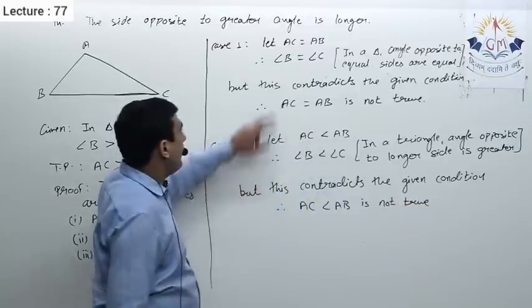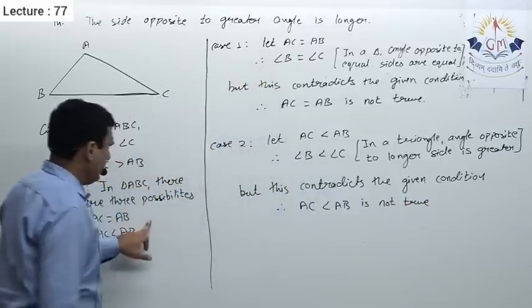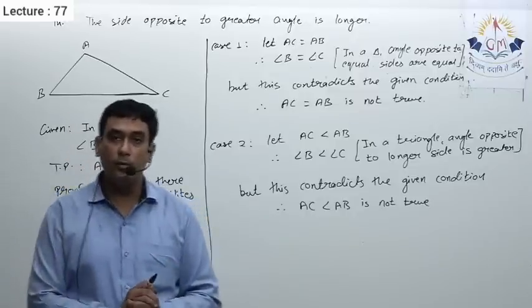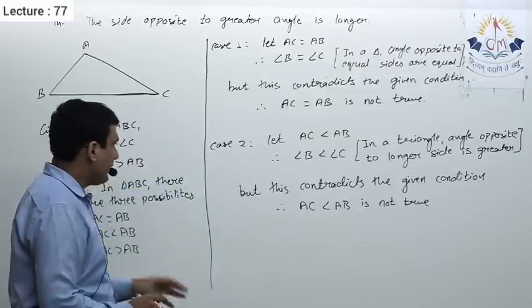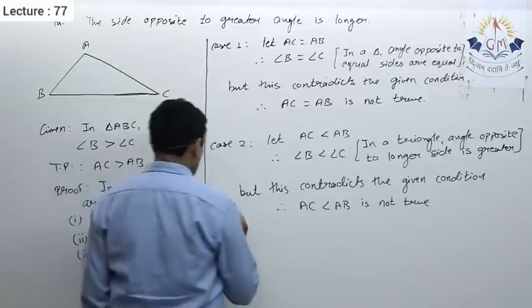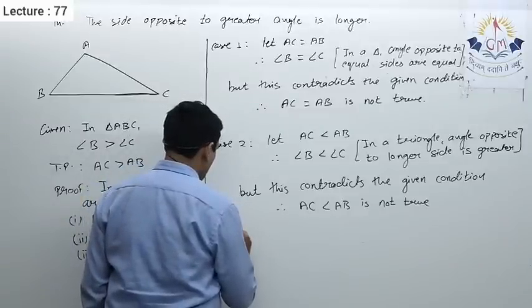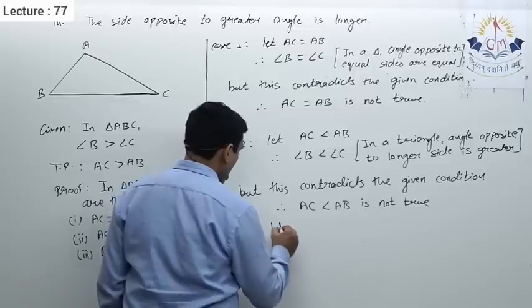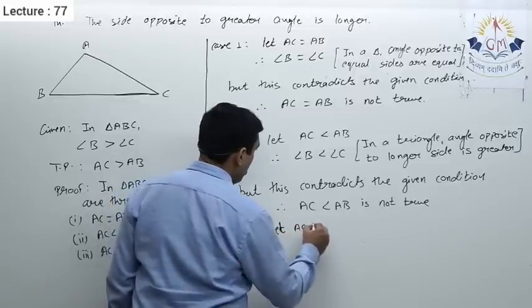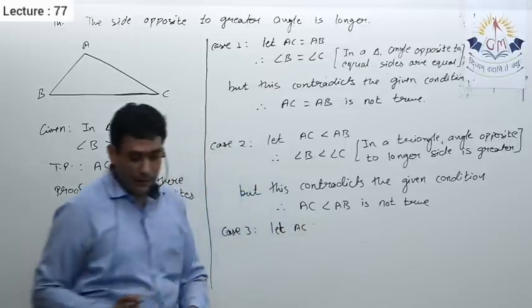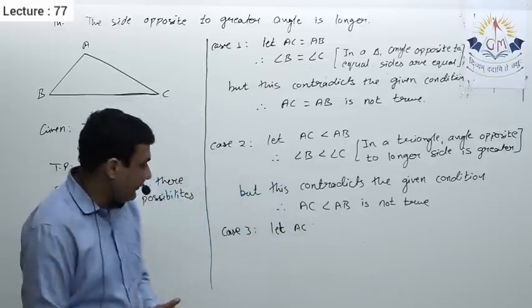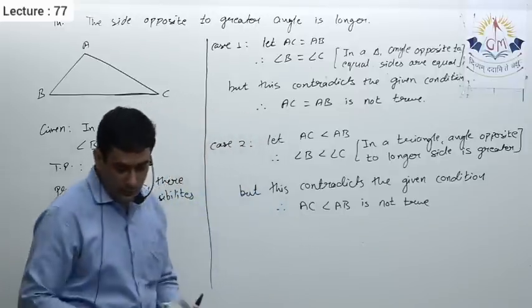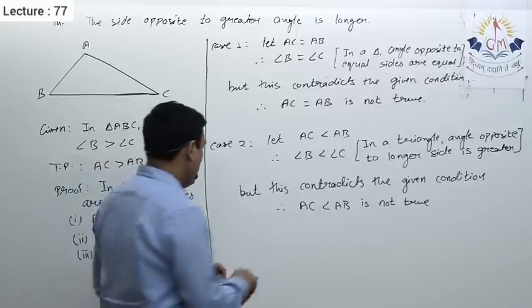Now among the three possibilities, two are not true, so obviously the third one must be true.